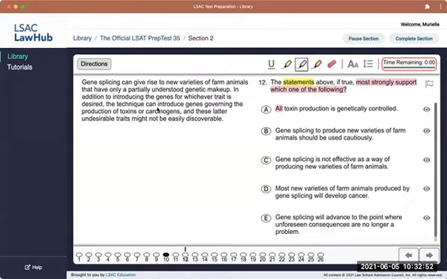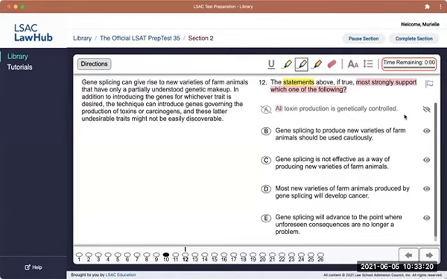There's no way that we could make a grand statement about toxin production generally. Just knowing that there are some genes that would produce toxins isn't nearly enough. So that's definitely not going to be the one that's most strongly supported.